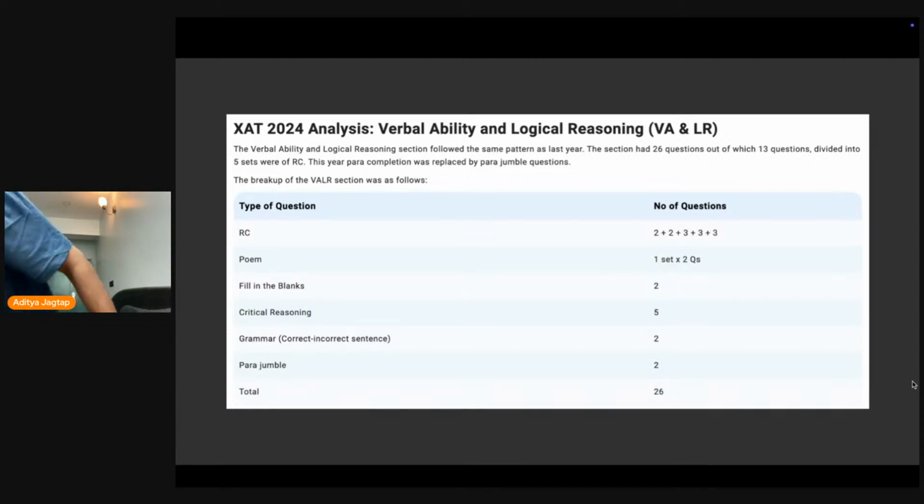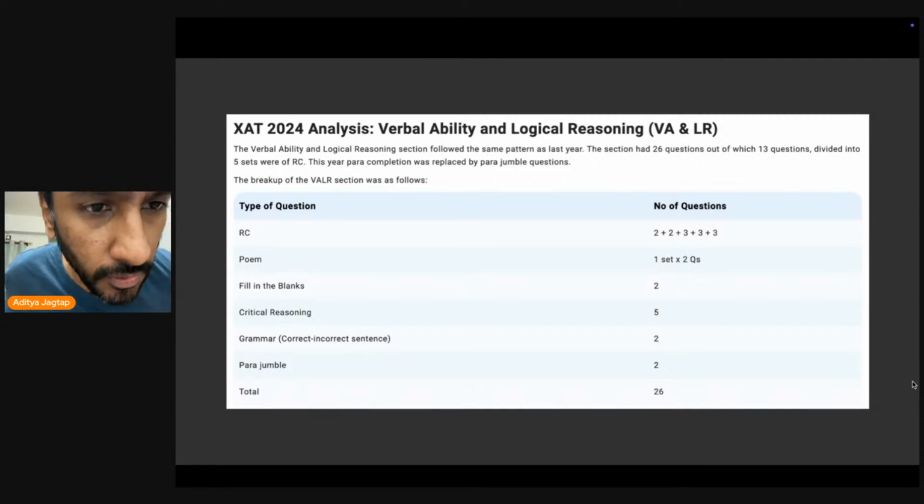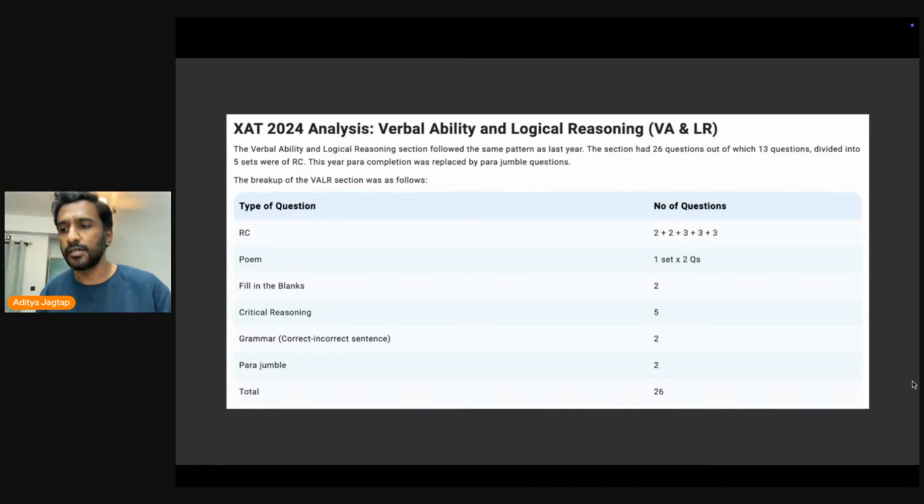Sorry about that. So to resume, this is from the 2024 paper, and we have an analysis of each year's XAT paper. I really expect you to go through this. It'll be actually quite helpful in terms of you knowing what to prepare.